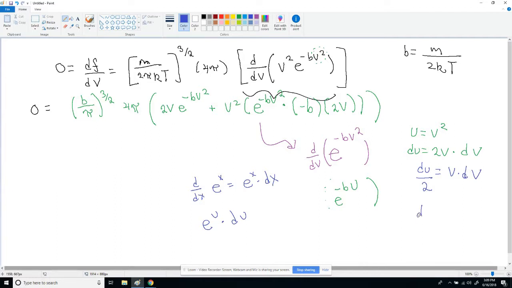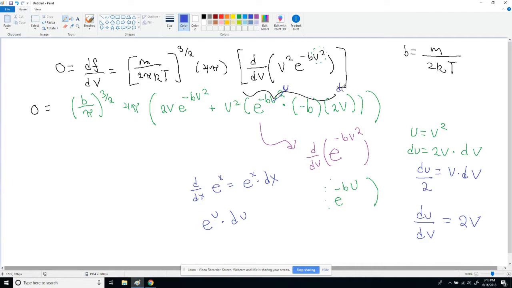And du by dv is actually equal to 2v. So what we're doing here is we're saying let this guy be u. And how does u change with respect to v?